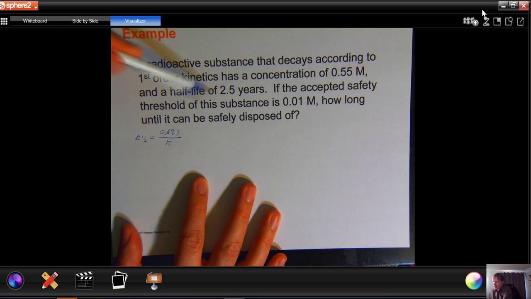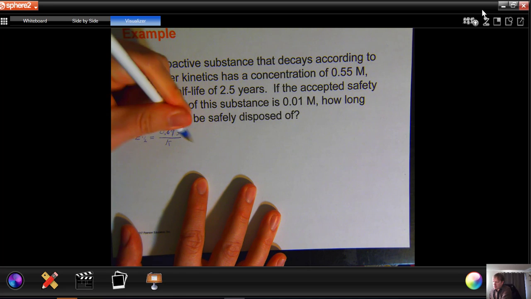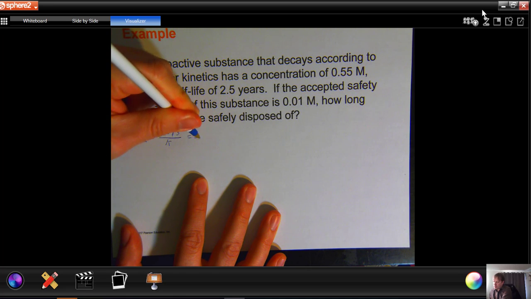So we know the half-life, and half-life again is how long it takes to get halfway there. And we could find k if we wanted to do that with this equation. Let's go ahead and put that in. So this is equal to 2.5 years.